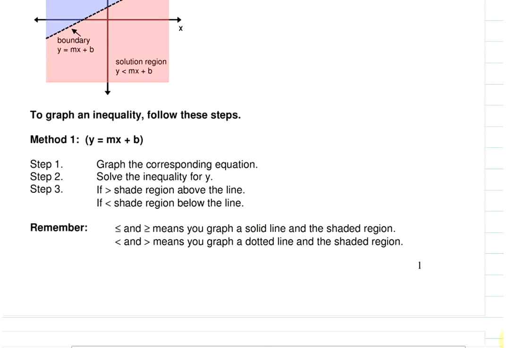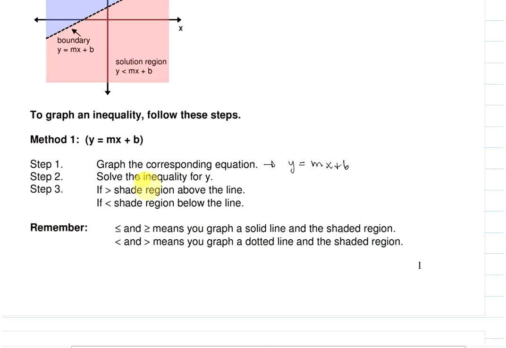Now we're going to take a look at two methods to graph inequalities in two variables. The first one is using the slope-intercept. Step one asks you to graph the corresponding equation. So that would mean you want to graph y is equal to mx plus b.